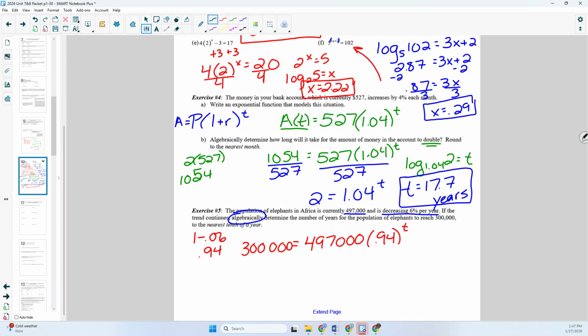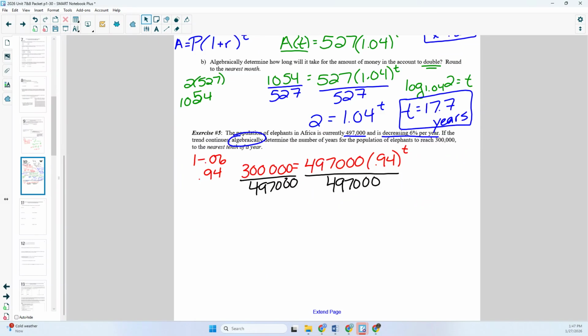Right, the first thing we're going to do is divide. And that's going to give me, to a couple decimal places, 0.6036.